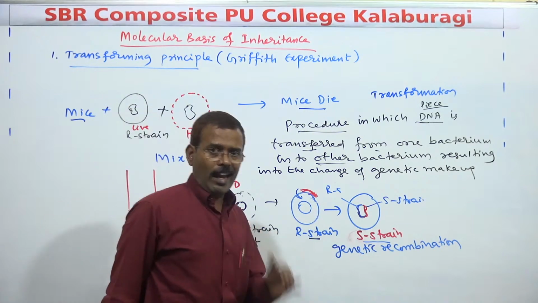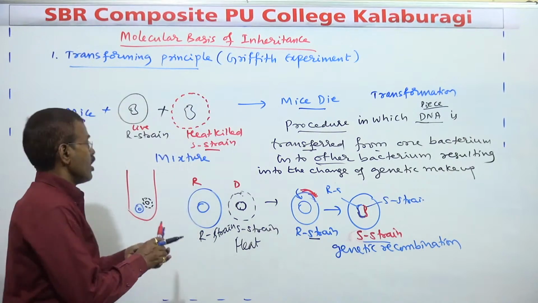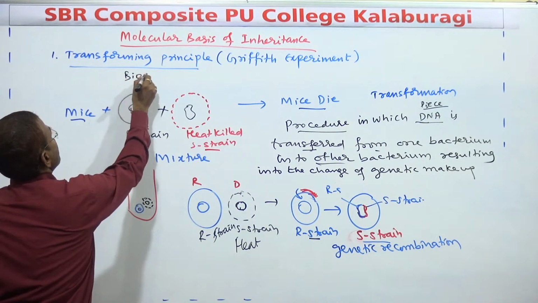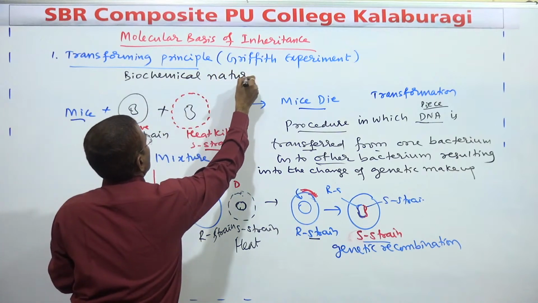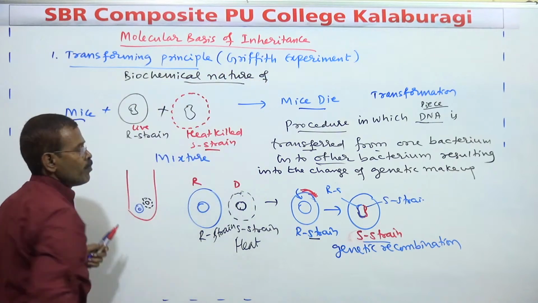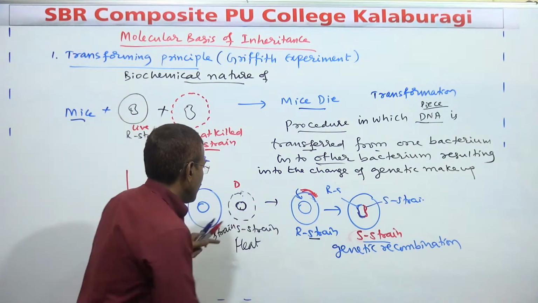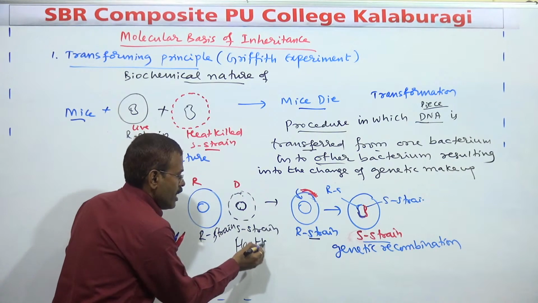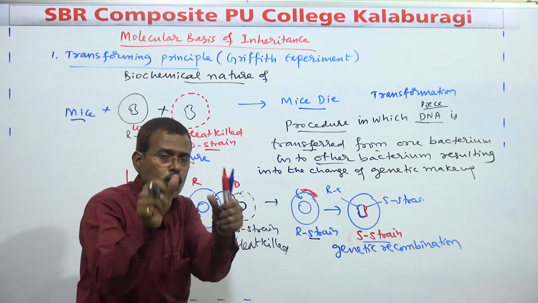He could not tell the biochemical nature of the transforming principle. What exact kind of material is entering from the heat killed smooth strain into the R strain, that he could not reveal.